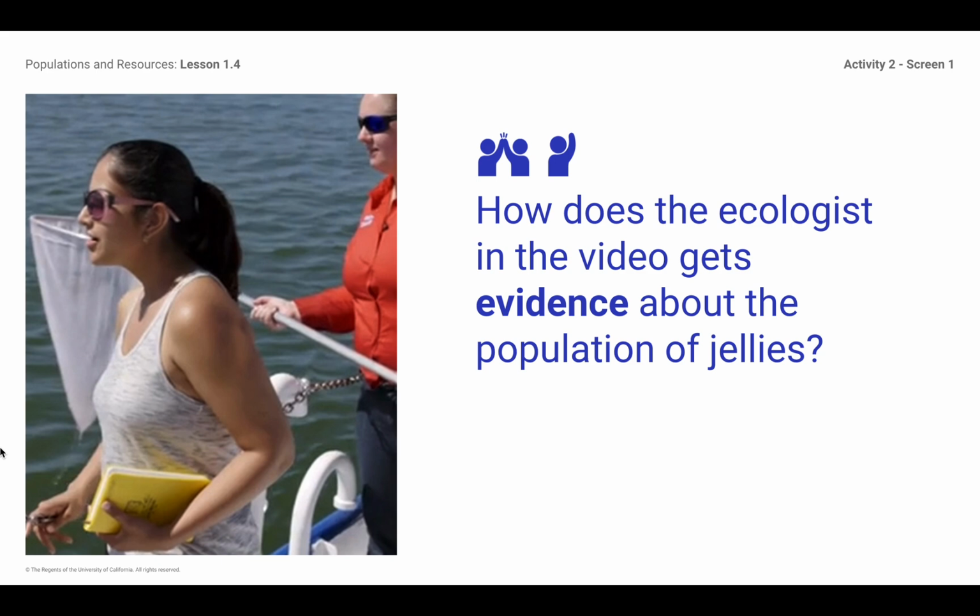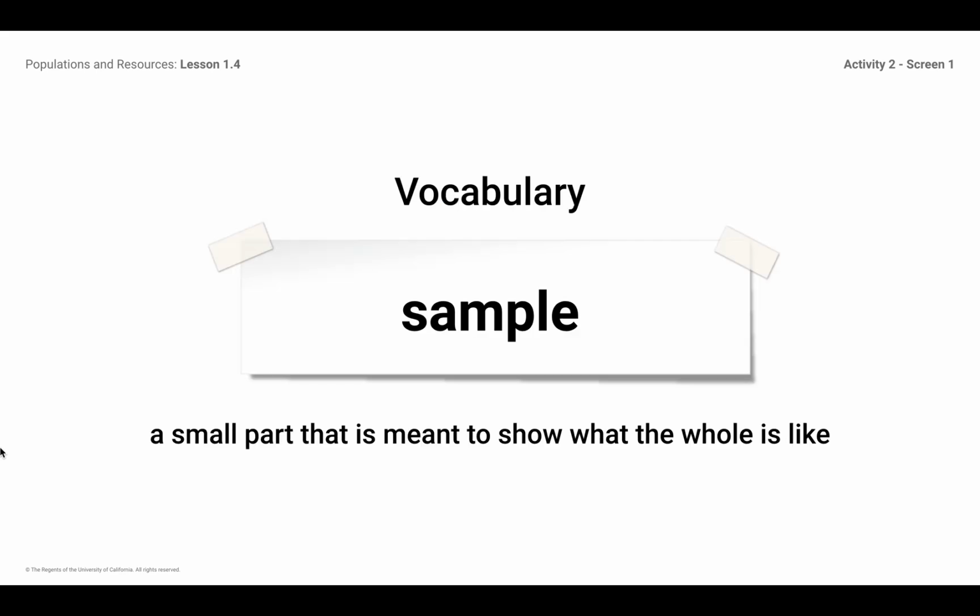And she said they do this repeatedly throughout the year to get really good data over a period of time. So if they had 4 or 5, 6, 7 different areas that they went to in January, they would go to those same areas in February, March, April, and all throughout the year so that they can get a really good understanding of the average sample over a year, over time.